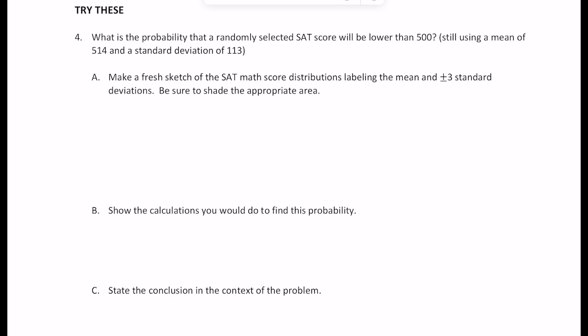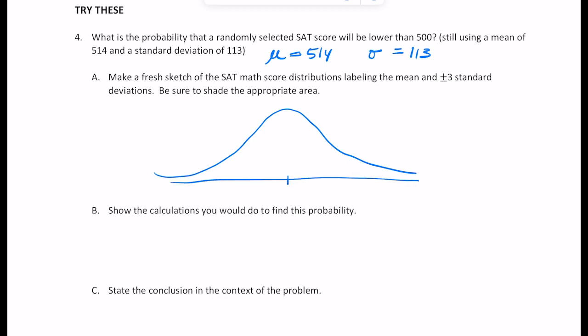And I want to clarify too, when they say the mean, it's really mu because it's the population mean. And when they say the standard deviation, it's sigma, okay, not S, because we're dealing with the population, like everyone who took that SAT. Okay, so here's my picture. We have our normal model, and we know that the 514 would go in the middle.